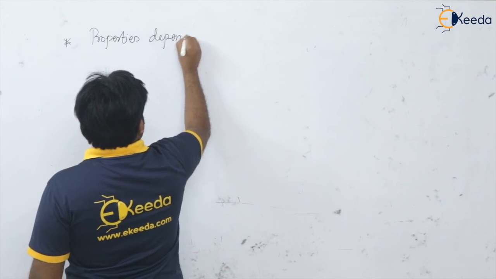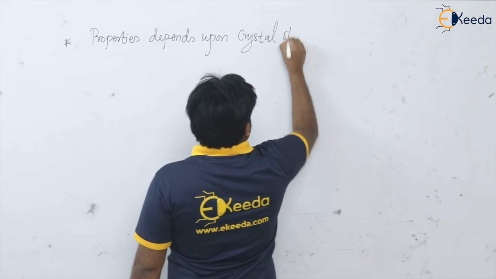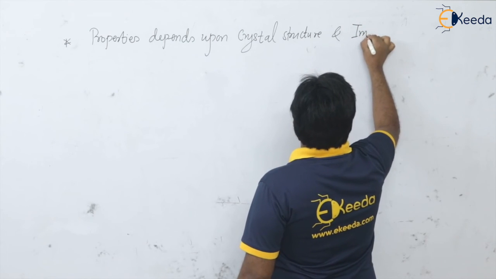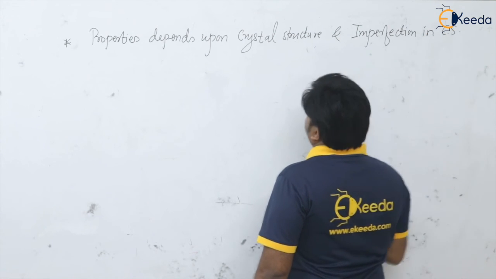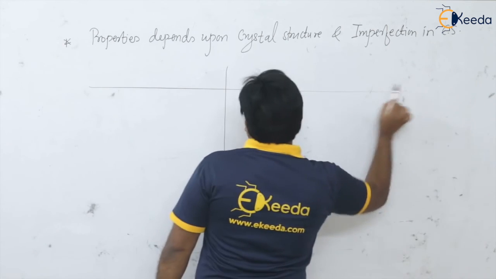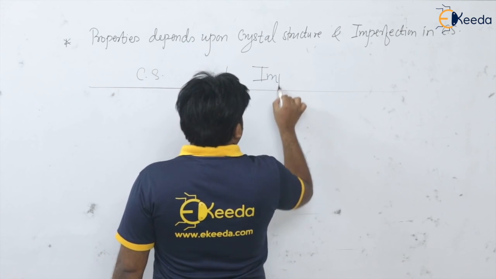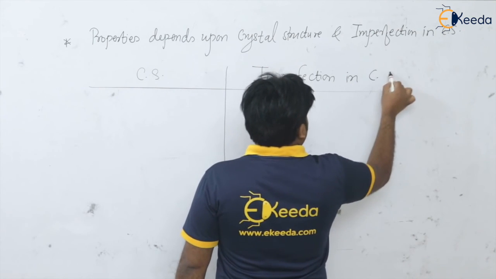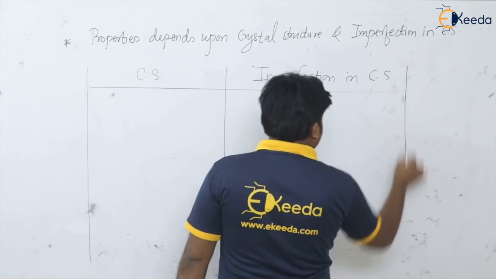So I will group the properties like this: the properties which depend upon the pure crystal structure, and the properties which depend upon the imperfections in the crystal structure.